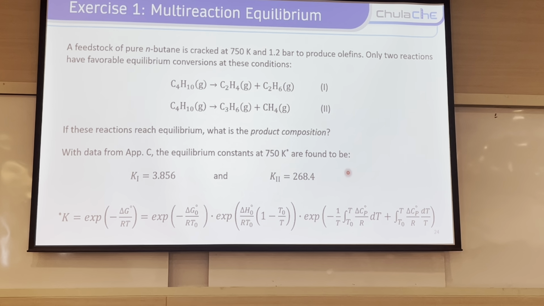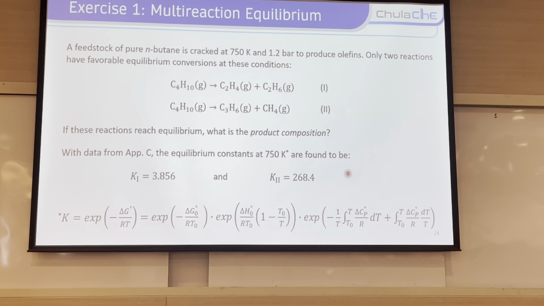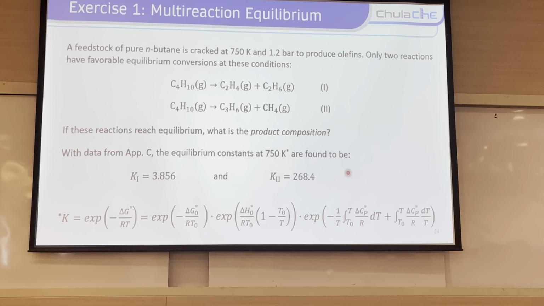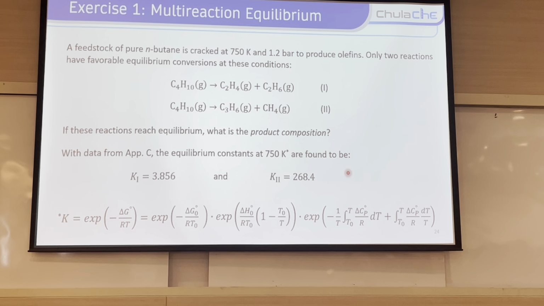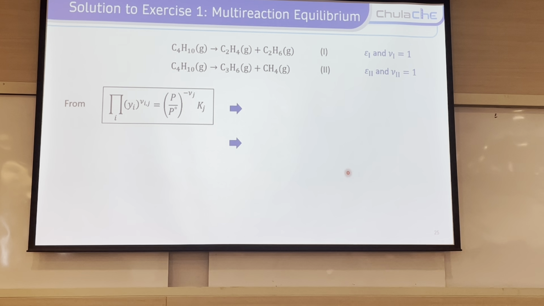Okay, and this is exercise 1 for multi-reaction equilibrium. In this exercise, I just want to show you what in the procedure changes when you have more than one reaction. In this case, you have two reactions. The thing that changes is you have more than one value of the reaction coordinate.